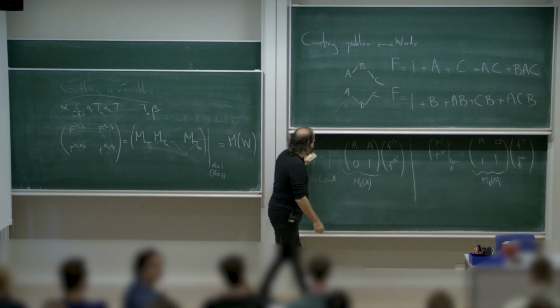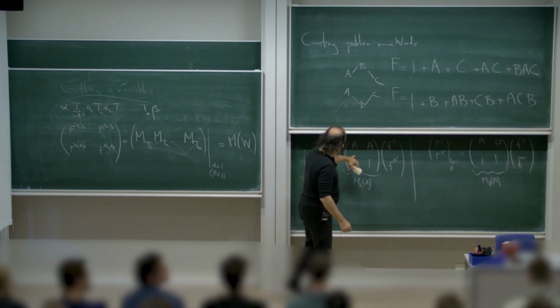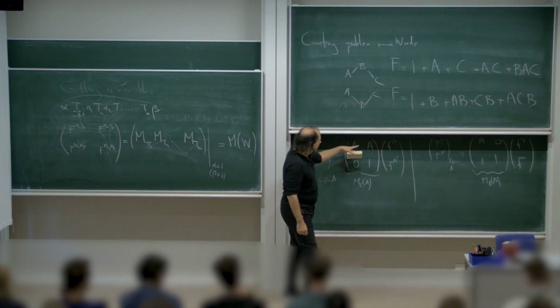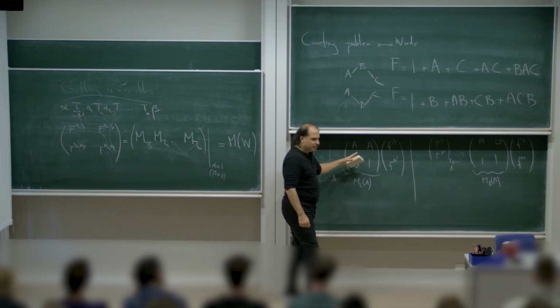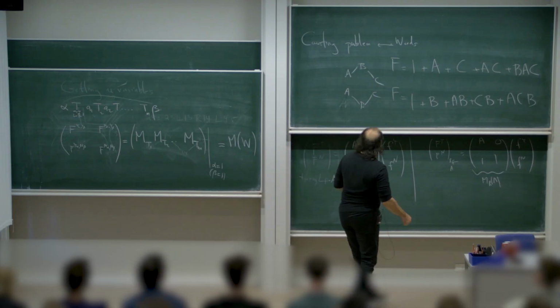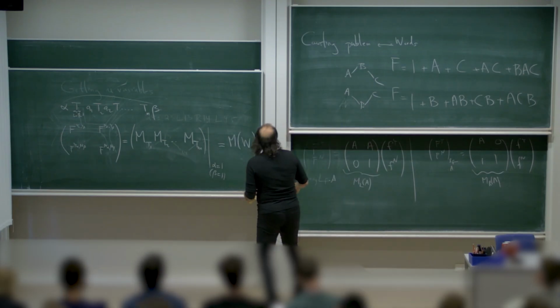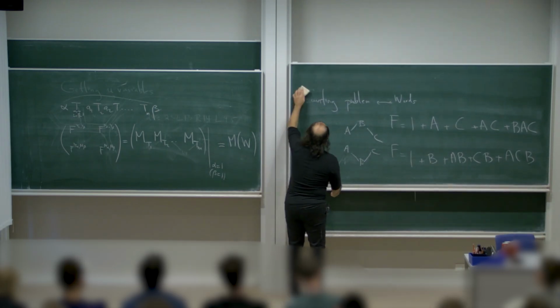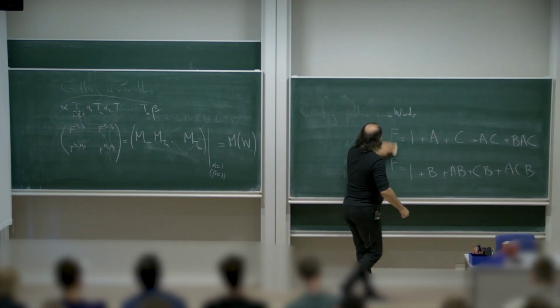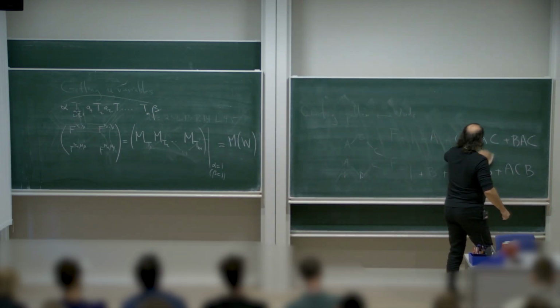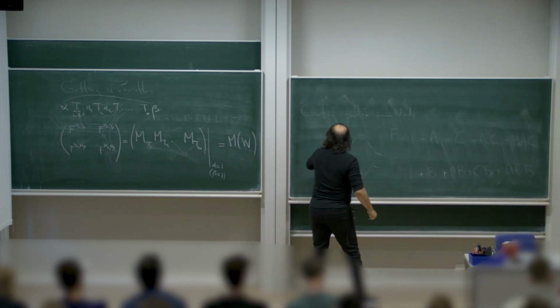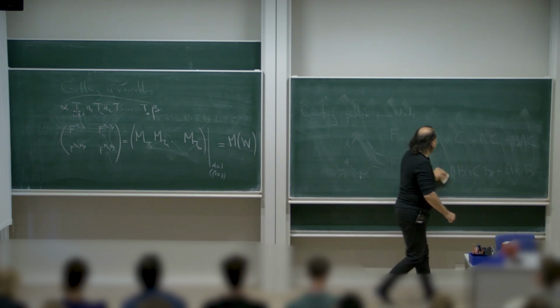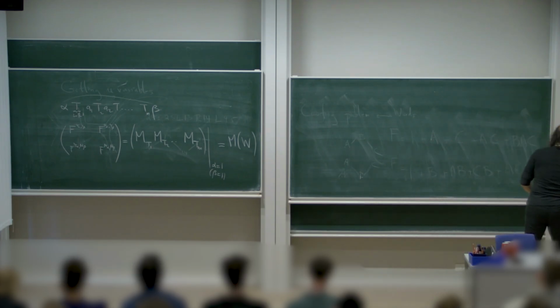Now, if we stare at these matrices, sorry, I partially erased it. Notice that each one of these matrices has a determinant that's just given by A. So the determinant of this matrix is A, the determinant of that matrix is A. One thing which is obvious is that the determinant of the matrix associated with any word, if we imagine that those variables, the ABCs, are positive, is positive.